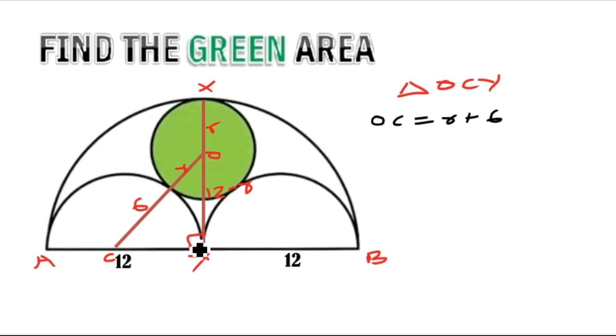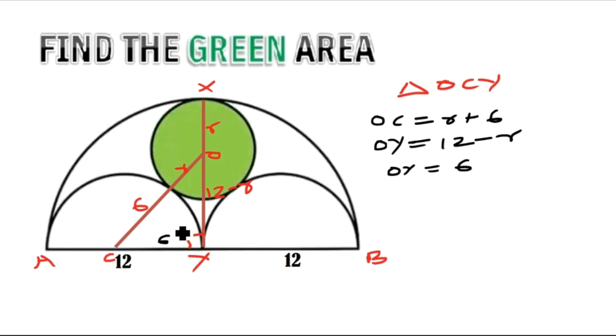Then the length O to Y, we found to be 12 minus R. Then the length from C to Y is the radius of this smaller semicircle AY, and the radius is half of 12. That is 6.